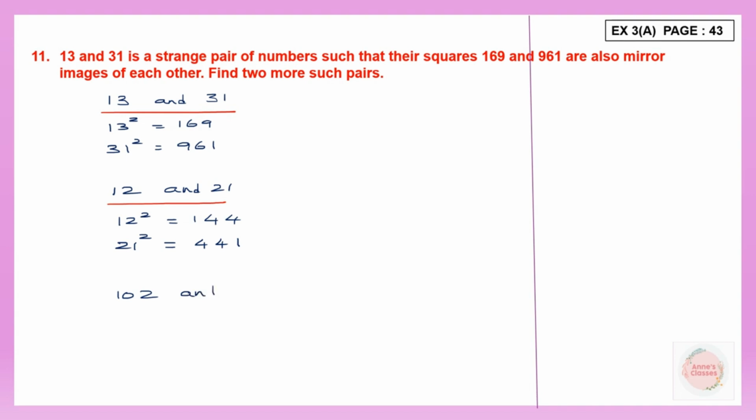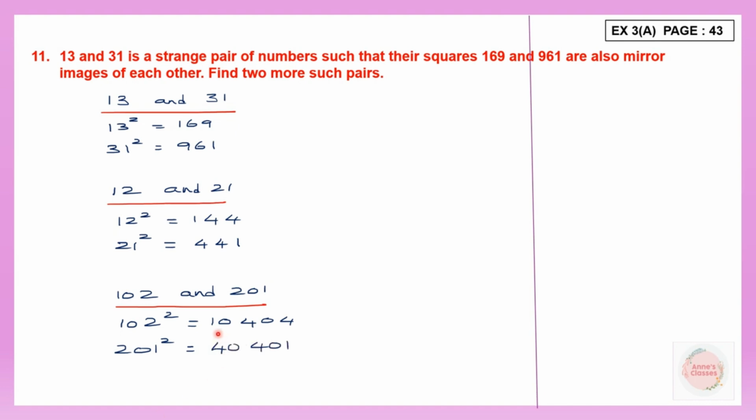102 and 201. Okay, so this is another pair where when you write the square, you will get mirror images of each other. 102 square and 201 square. So 102 square is 10,404, whereas the square of 201 is 40,401.